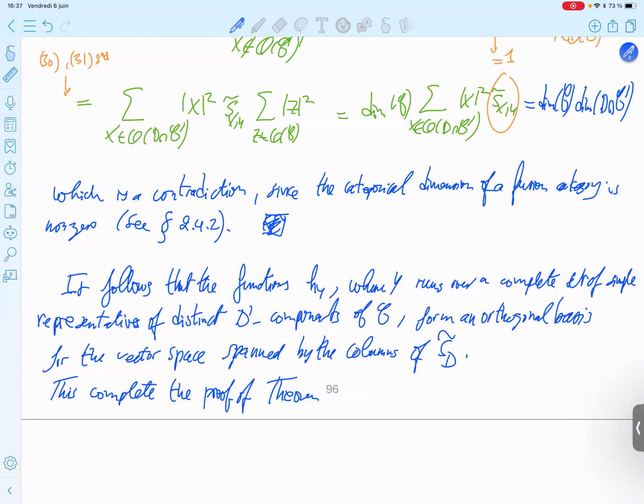So remember, this theorem 3.4 is very famous because it implies the reformulation of non-degeneracy.